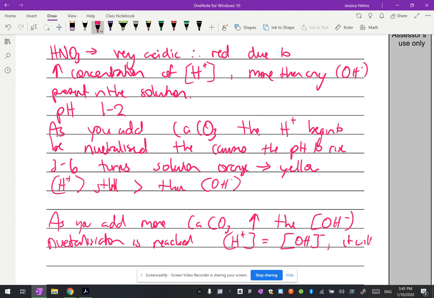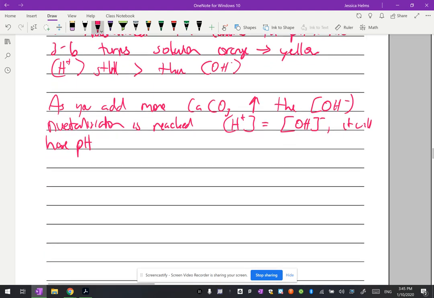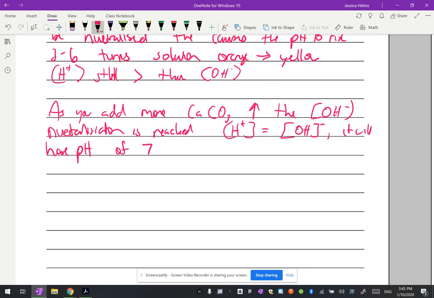It will have a pH of about 7 and be green. Okay, so that's what the universal indicator will show.